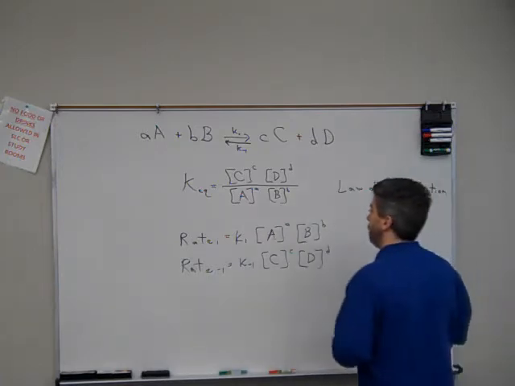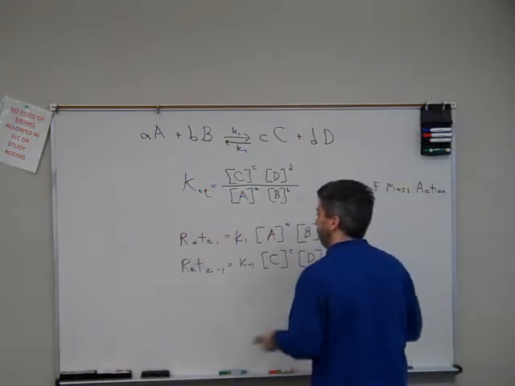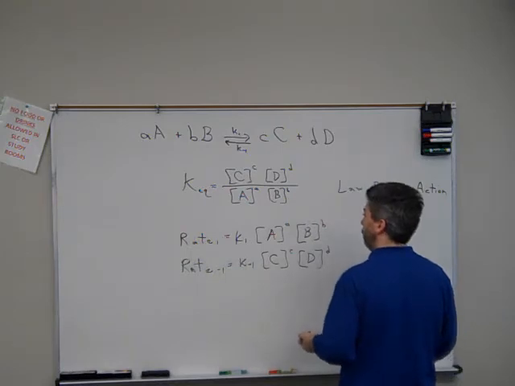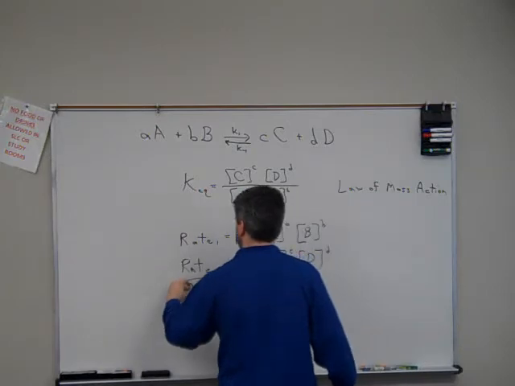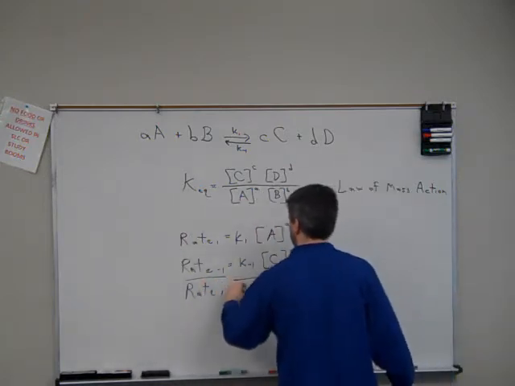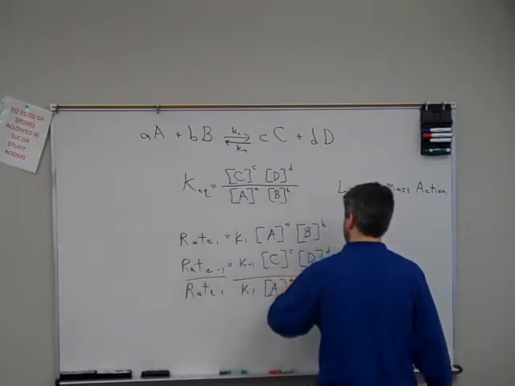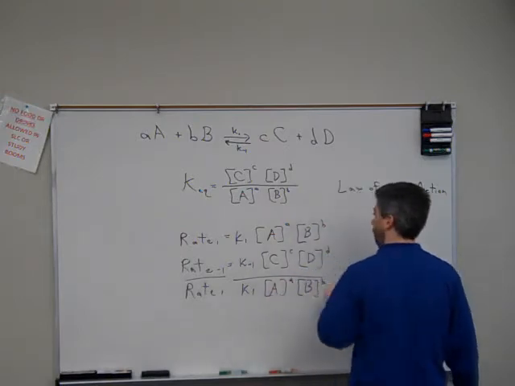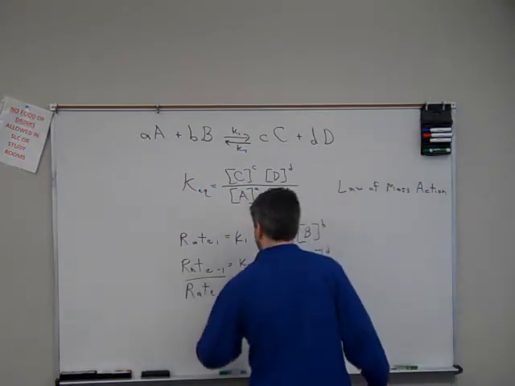So if you actually set this up and you divide this rate by this rate, since these two rates are equal, effectively you get 1, and it'll be like this over rate 1, K1, A, B. Okay, and essentially, since these two rates are equal, they effectively give you 1.